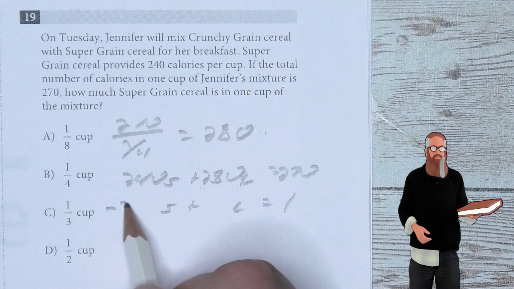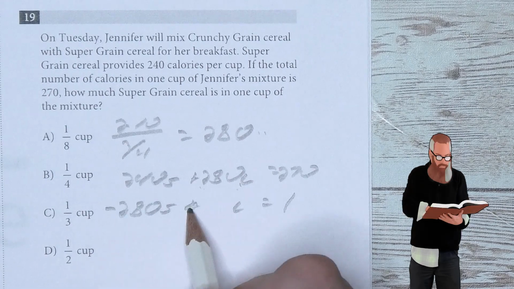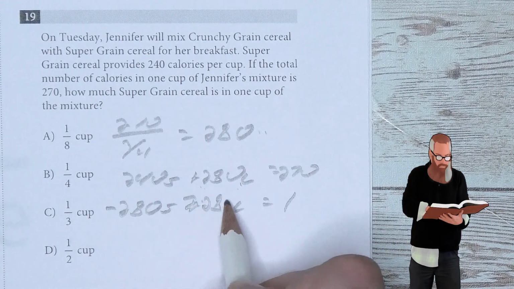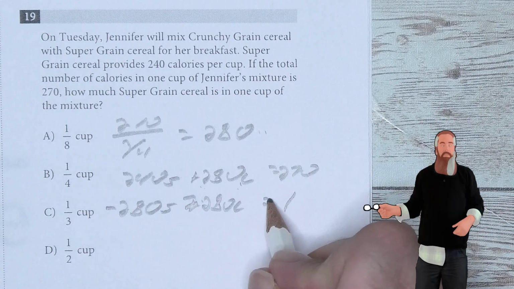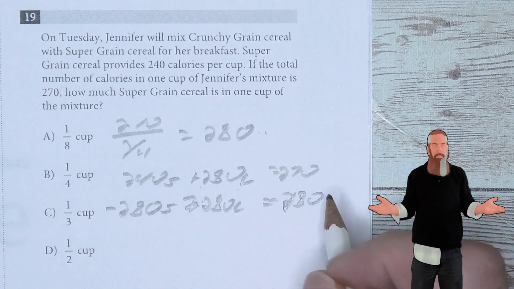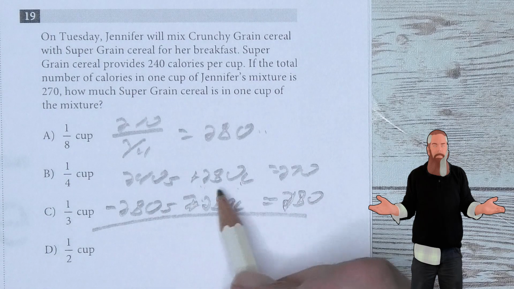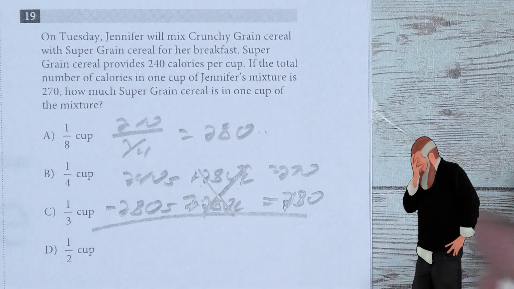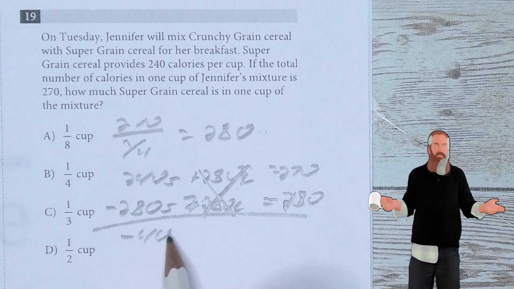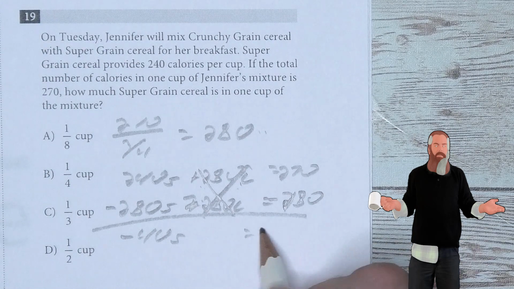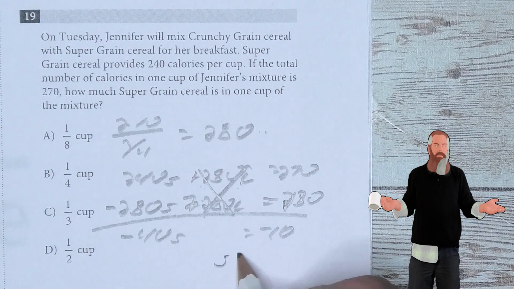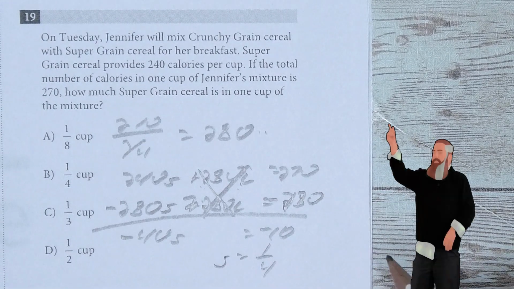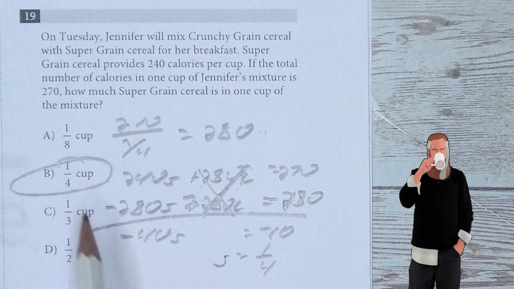This means I get negative 280S minus 280C minus 280. I add both these equations together, which will eliminate the C's, giving me a negative 40S is equal to negative 10. So S is equal to 1/4, or 1/4 cup. B is the answer.